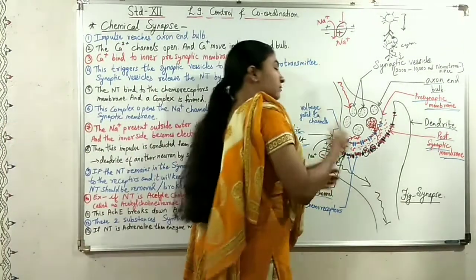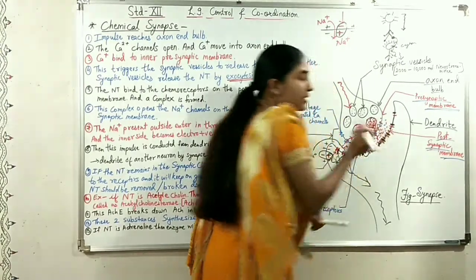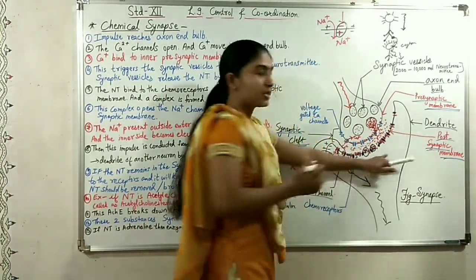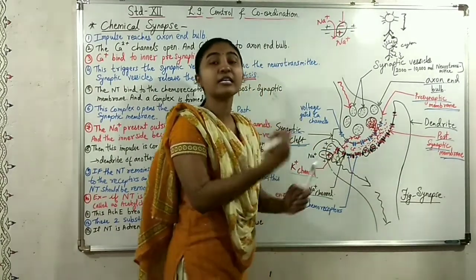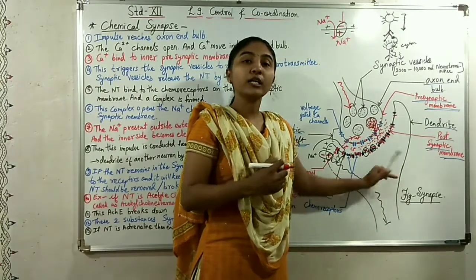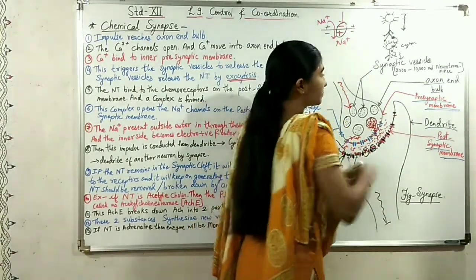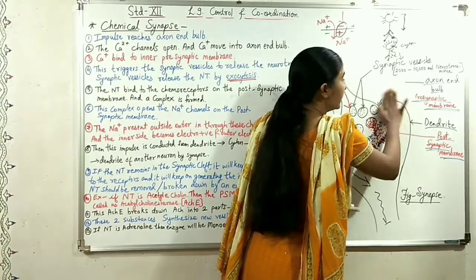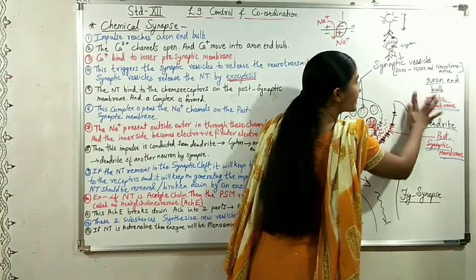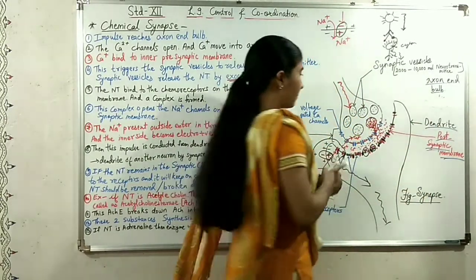If this neurotransmitter is acetylcholine, the dendrite membrane, the postsynaptic membrane, releases an enzyme called acetylcholine esterase. This acetylcholine should be broken down, and that's why the acetylcholine esterase is secreted by the postsynaptic membrane.